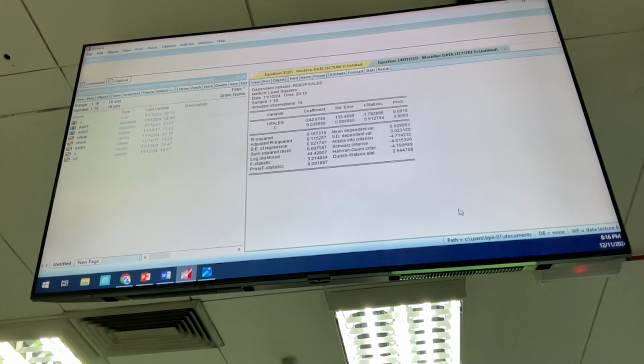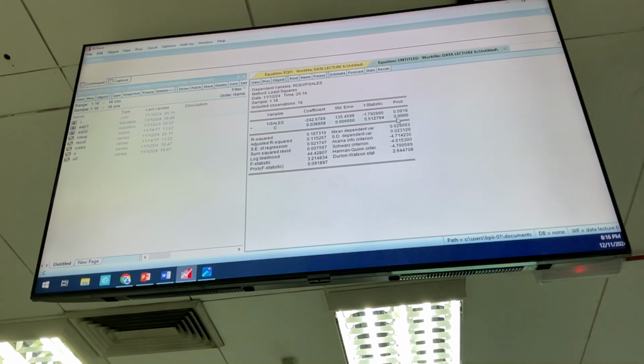We get this. So basically this represents the estimate for the slope for sales in the original equation. So our C here is the estimate of the slope parameter for sales in the original equation.